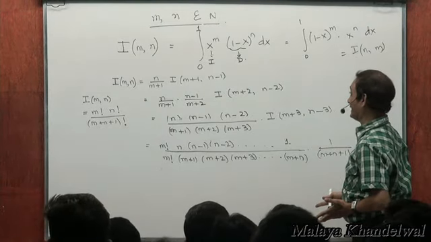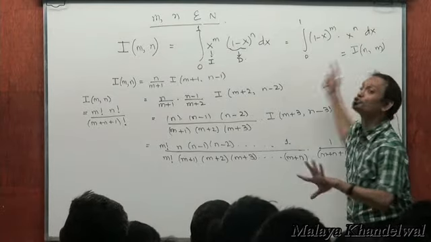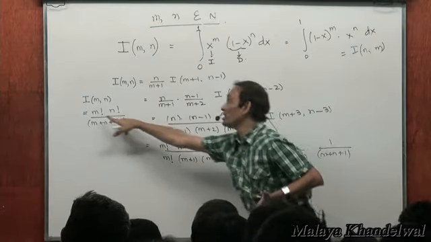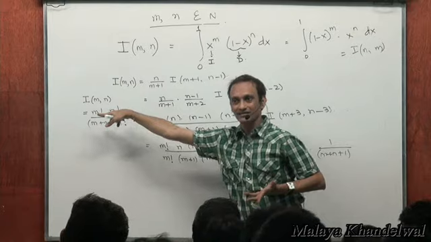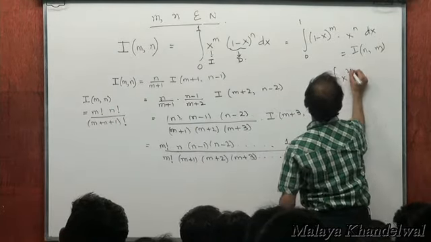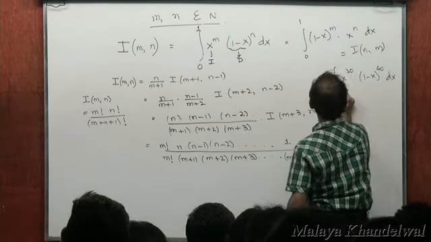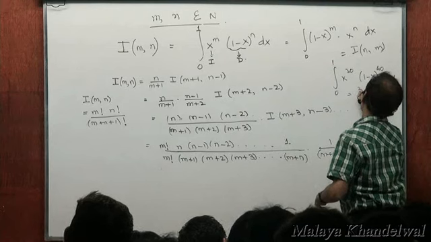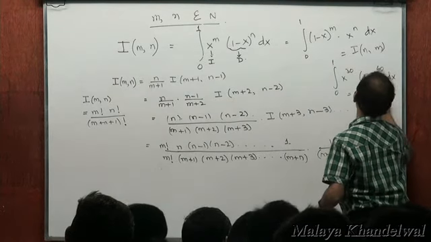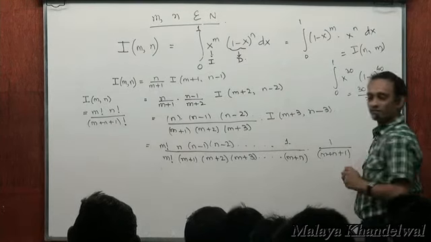So if an expression of I(m,n) emerged, m and n should necessarily have been interchangeable. So if someone gave you x power 30 into 1 minus x power 40 dx, x runs from 0 to 1, then so easy, 30 factorial into 40 factorial divided by 71 factorial, right?